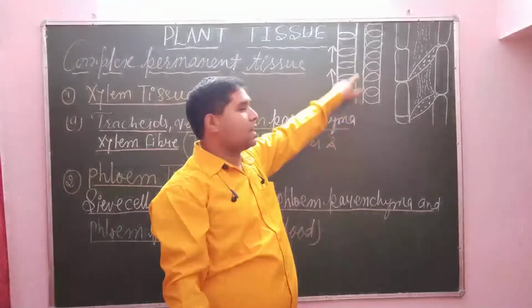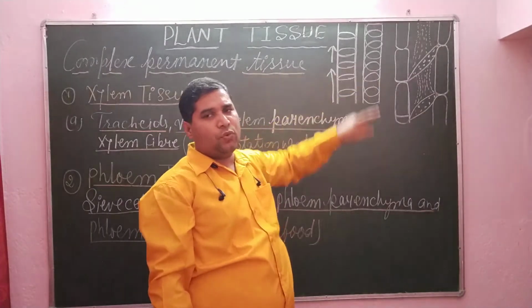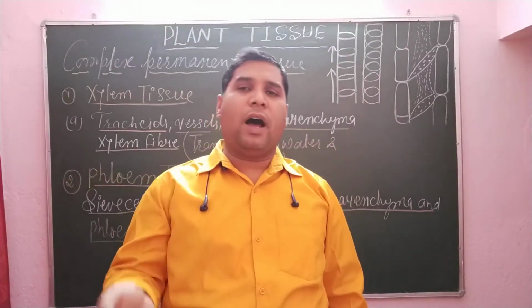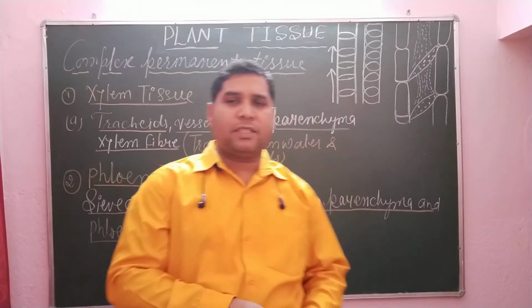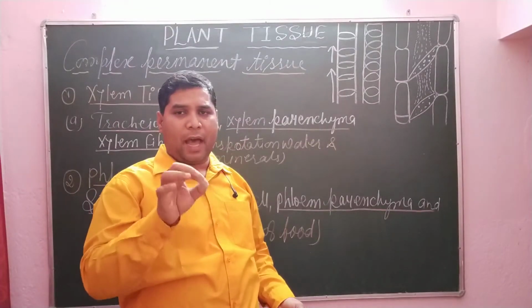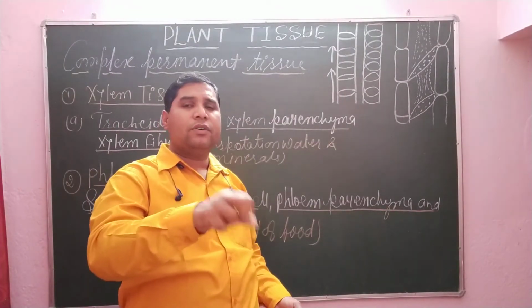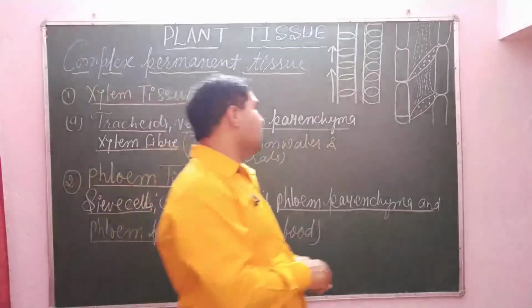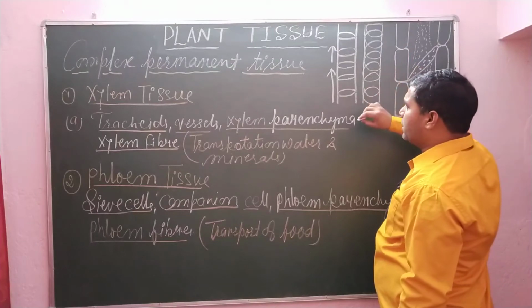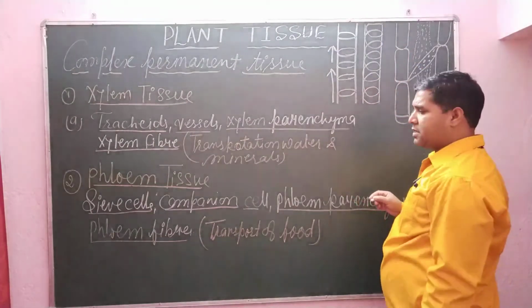So dear students, this is the diagram of the xylem tissue which helps in the transportation of water and minerals as they are absorbed by the roots from the soil and moved upward.